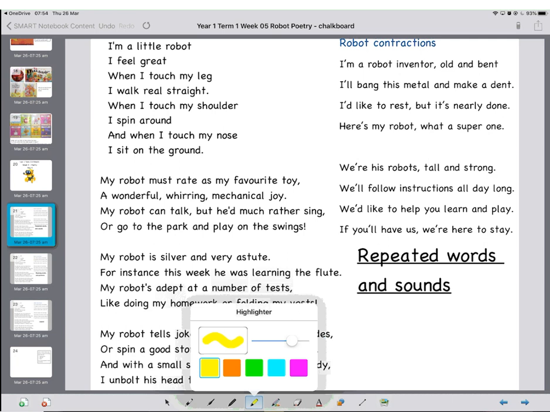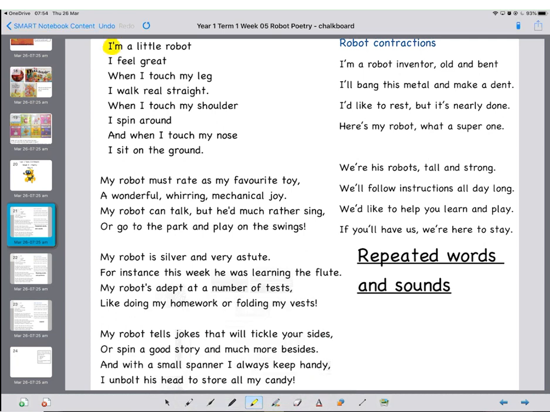So, first word I can see that's being repeated is the I. So, I'm a little robot, there's an I in that. I feel great. When I touch my leg, I walk real straight. When I touch my shoulder, I spin around. And when I touch my nose, I sit on the ground.